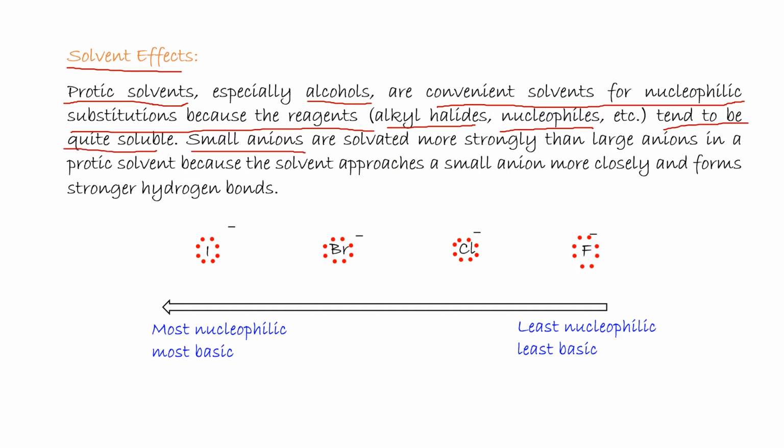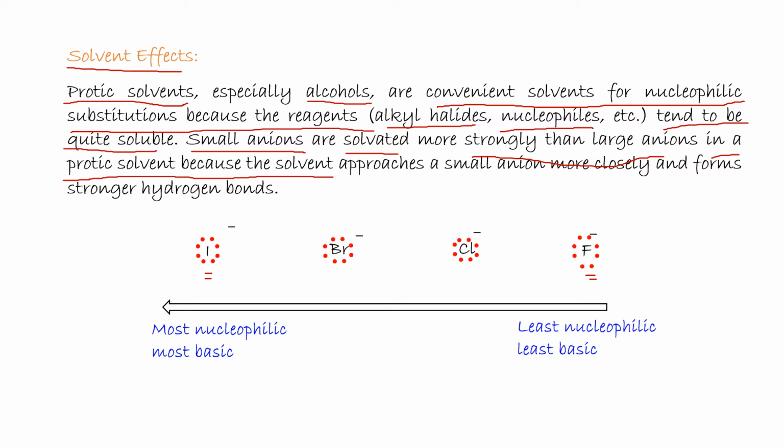Small anions are solvated more strongly than large anions in a protic solvent because the solvent approaches the small ion more closely. So fluoride will be solvated more than the iodide, making the iodide more free to act as a nucleophile.